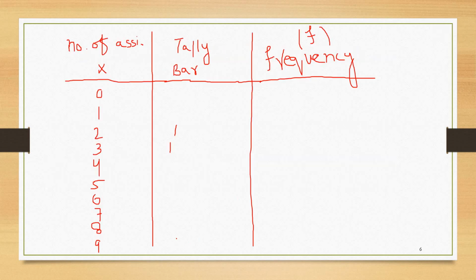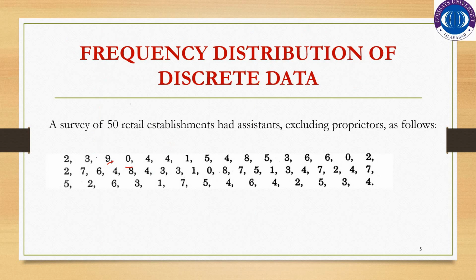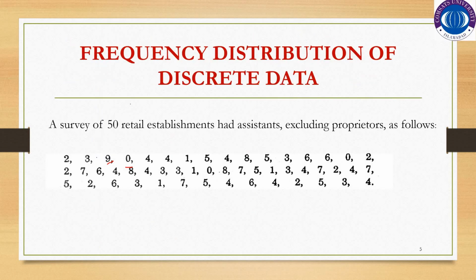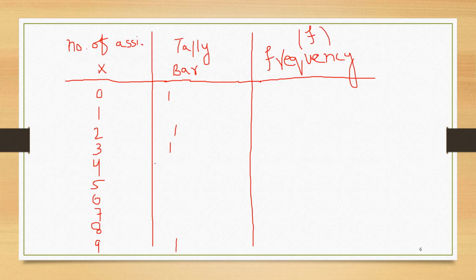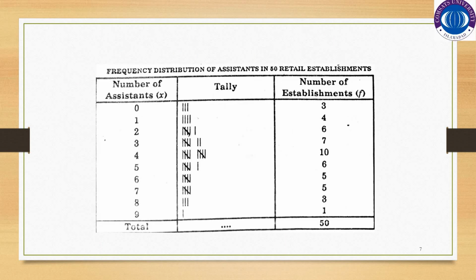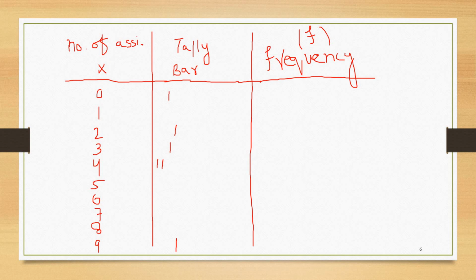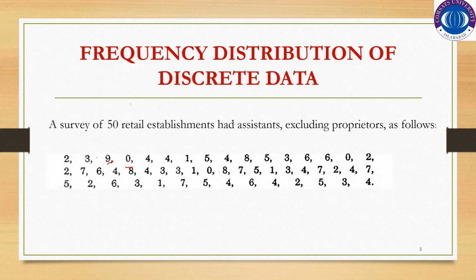Next is 9, 0, 4, which is coming 2 times. We will make 2 bars. Next is 1, 4 and 5, 4, 8, 4 and 5, 4.